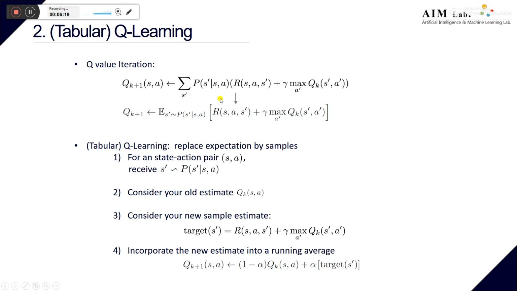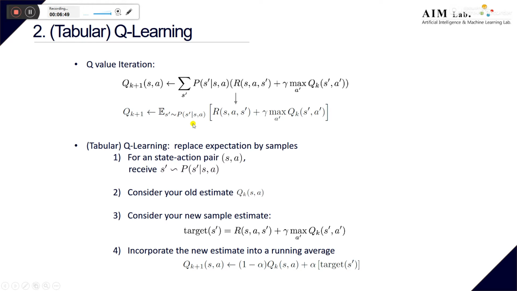Instead of it, we look for a much weaker form. Instead of trying to enumerate and compute the exact probability, all we require is the ability to sample from the transition function.